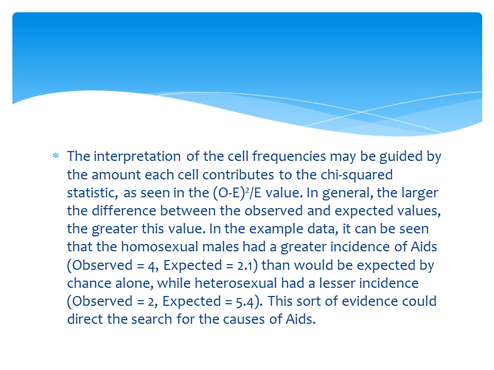So in the example that we have looked at already, the data show that the homosexual males had a greater incidence of AIDS. If you look back on our chart, the observed was 4, and our expected value was 2.1, which would be expected by chance alone, while heterosexuals had a lesser incidence, observed 2, expected 5.4.